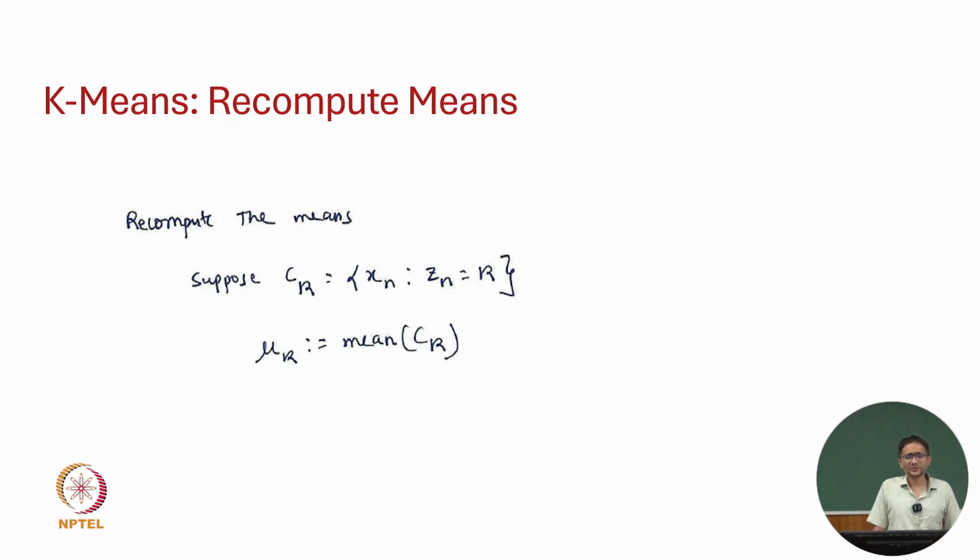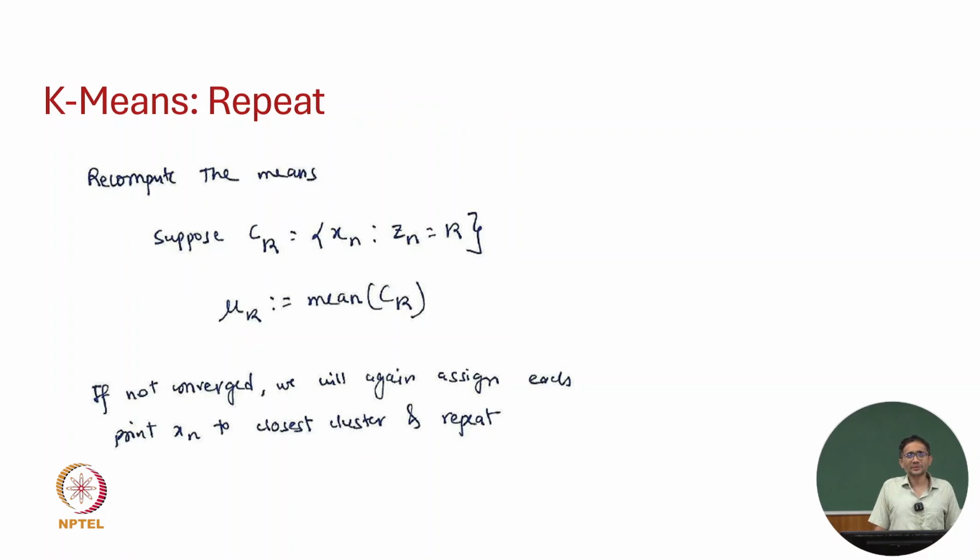But in this case, it need not be a particular data point. This centroid need not correspond to a particular data point. Now, once we have computed these means, if convergence is not reached, we will assign each point xn to the closest cluster and keep on repeating.